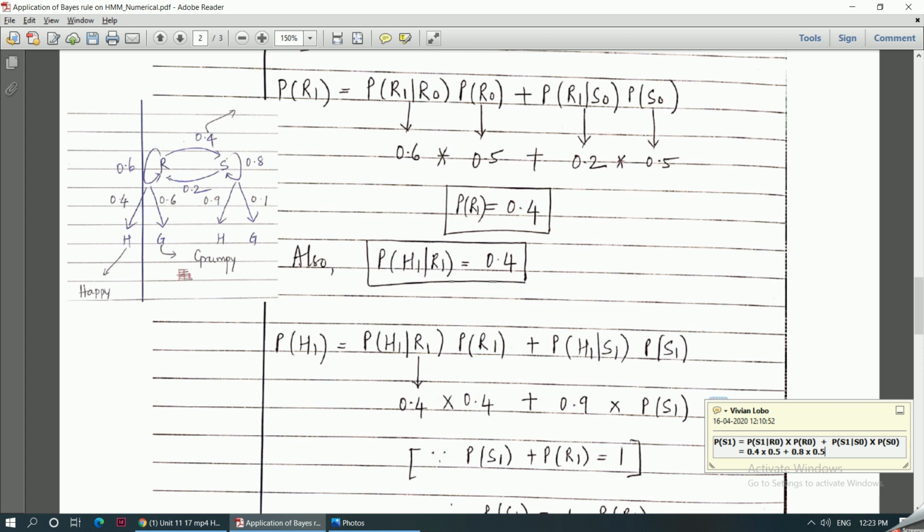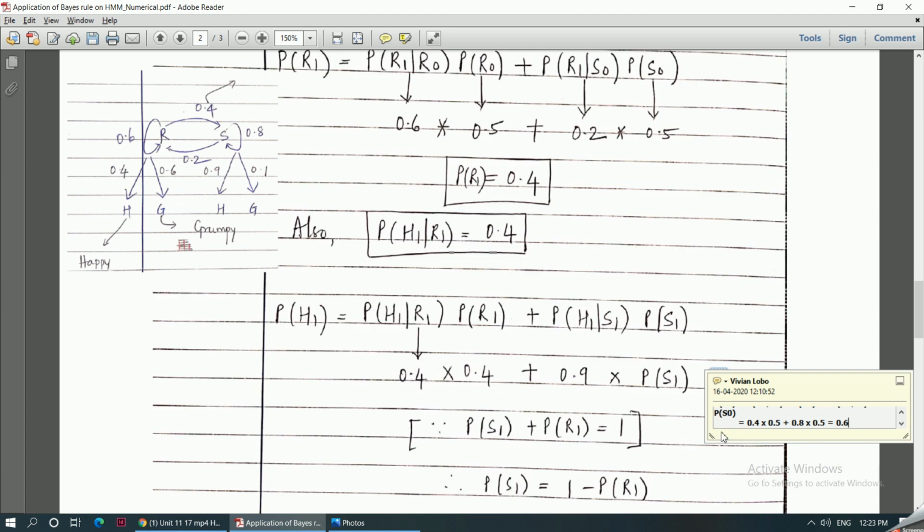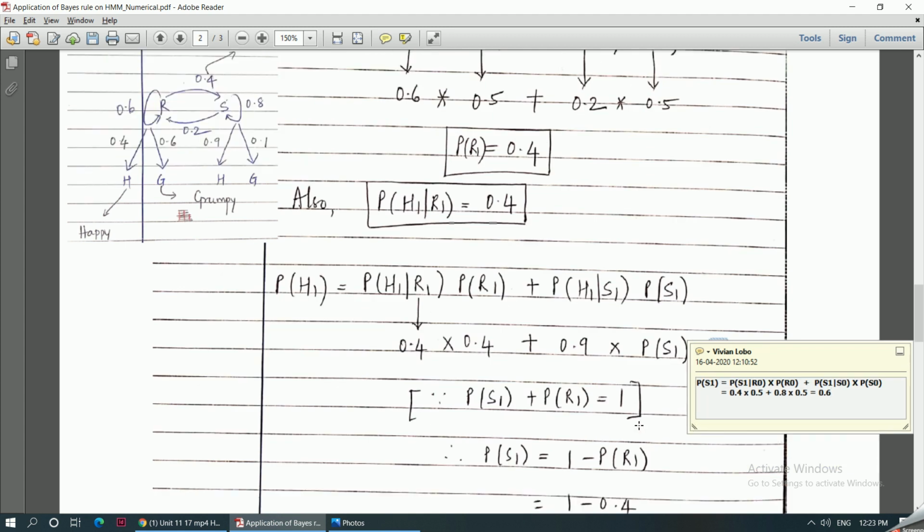So when you solve this, you get the answer to be once again 0.6. So you can find P of S1 in both ways. Is it clear?